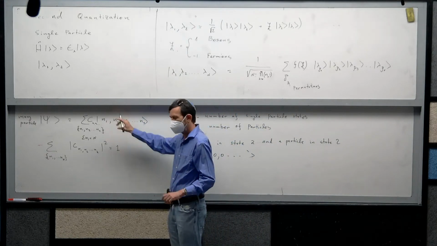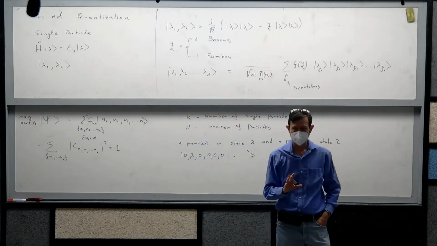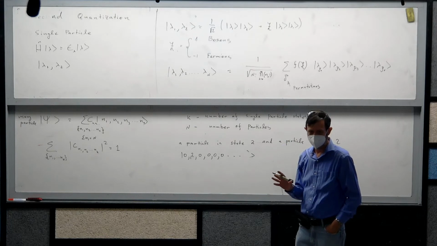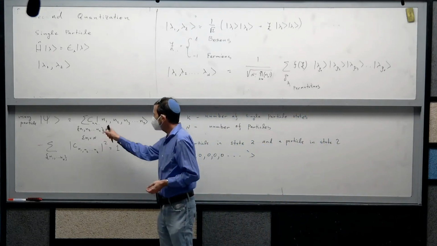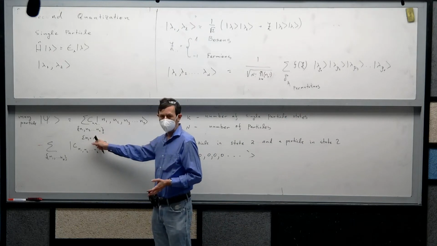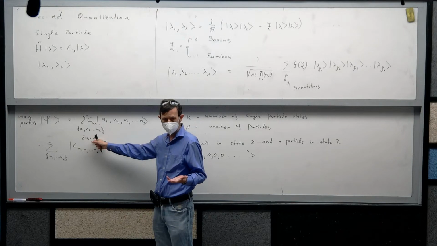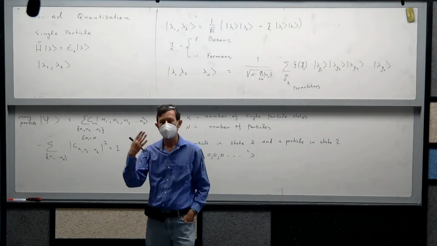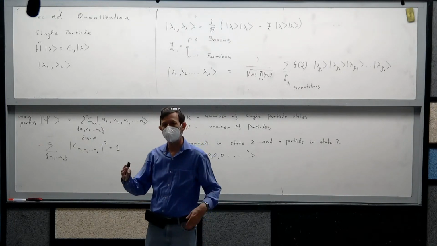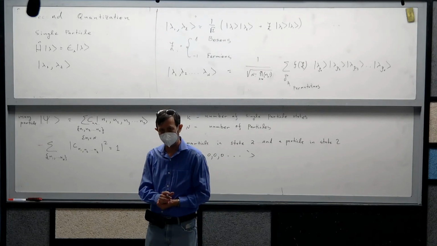Before that I want an additional definition, because I need it. Basically, I've written a state with n particles, right? What happens if I want to add electrons or subtract electrons from the system?